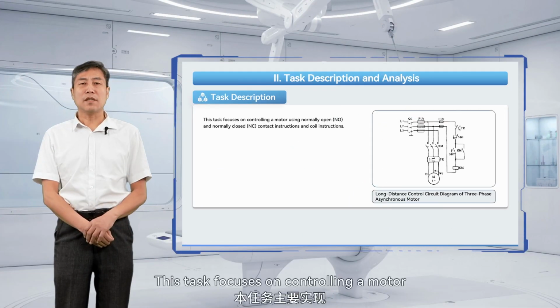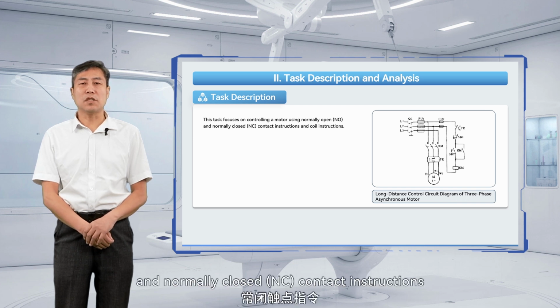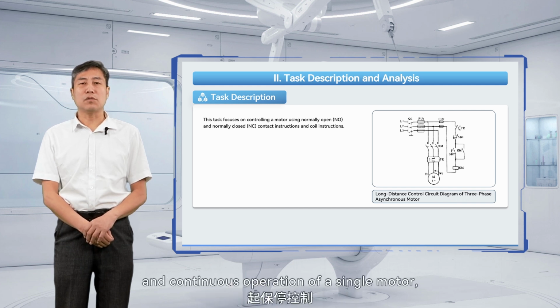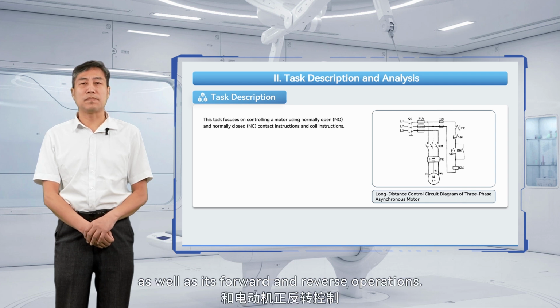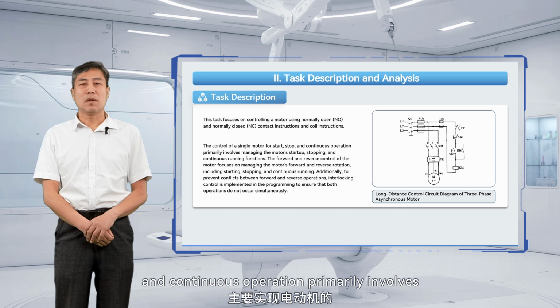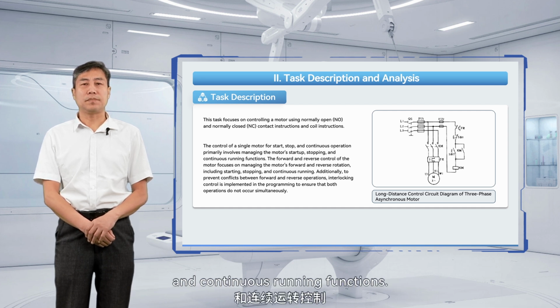This task focuses on controlling a motor using normally open (NO) and normally closed (NC) contact instructions and coil instructions. It includes controlling the start, stop, and continuous operation of a single motor, as well as its forward and reverse operations. The control of a single motor for start, stop, and continuous operation primarily involves managing the motor's startup, stopping, and continuous running functions.